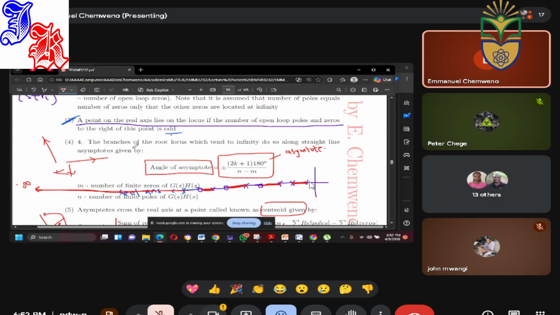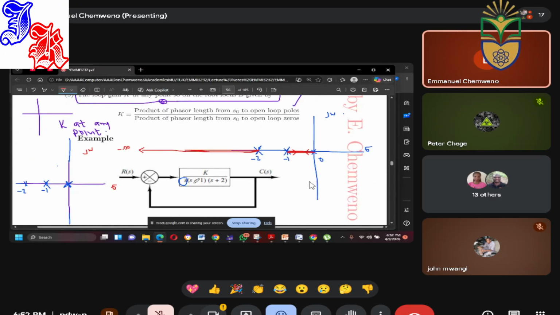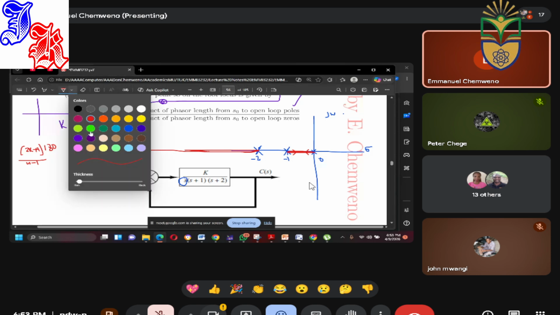Rule number 4. The branches of the root locus will tend to infinity at (2k plus 1) times 180 over n minus m, where n is the number of poles and m the number of zeros. So these are the asymptotes.